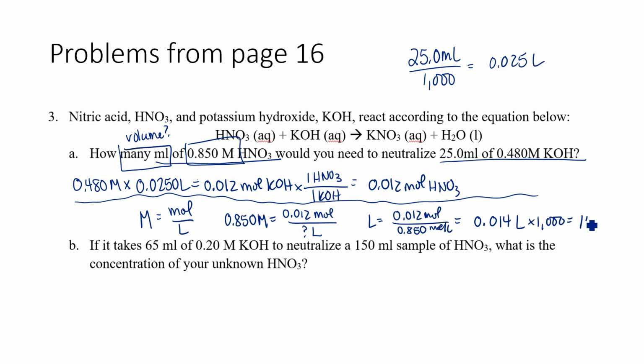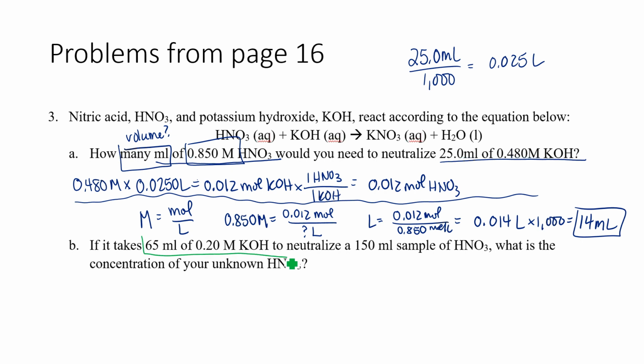And we usually are going to measure that in the lab in milliliters, so I'm going to multiply that by 1,000 to give me milliliters. So what I'm saying is I need 14 milliliters of 0.85 molar HNO3 to neutralize 25 mL of 0.48 molar KOH.